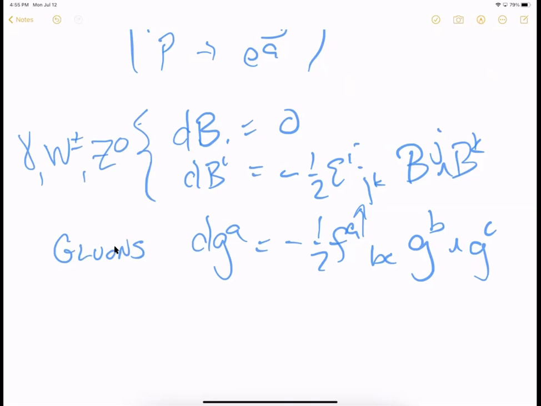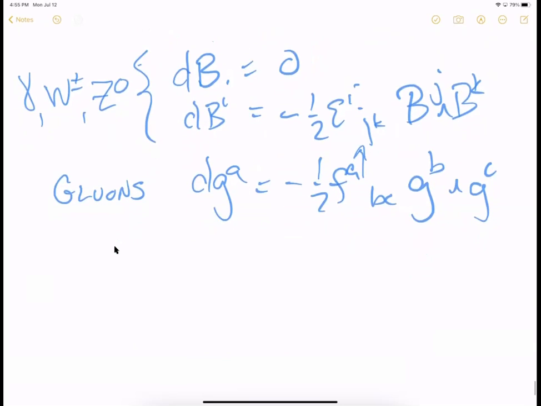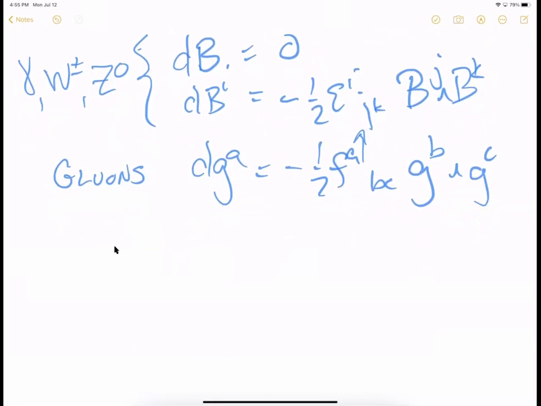So we've introduced these, then they have field strengths. When we modify the connection, if you're remembering our general procedure for gauge theories, then these change. Then we have some fields here.